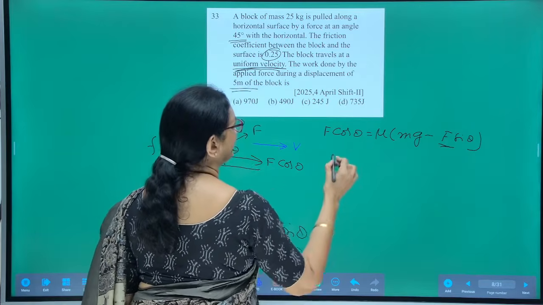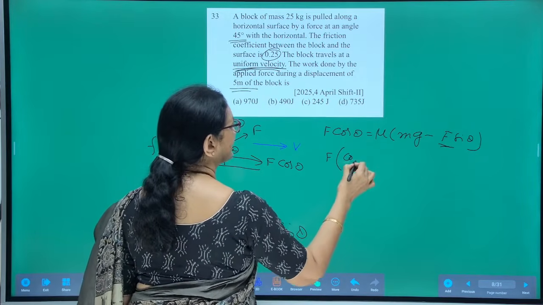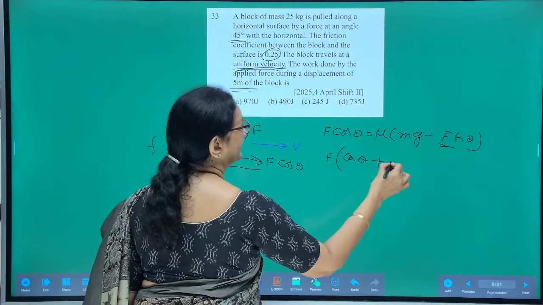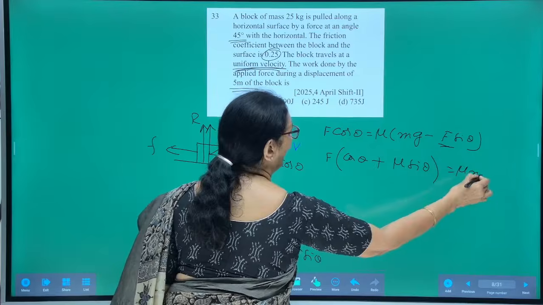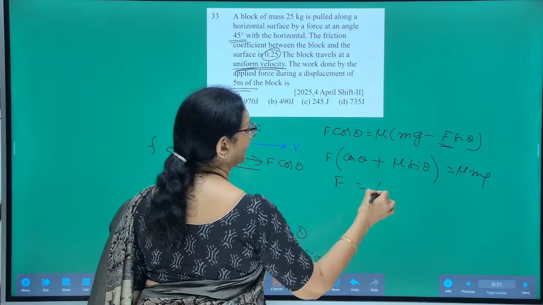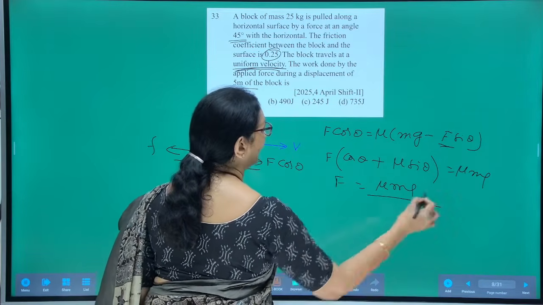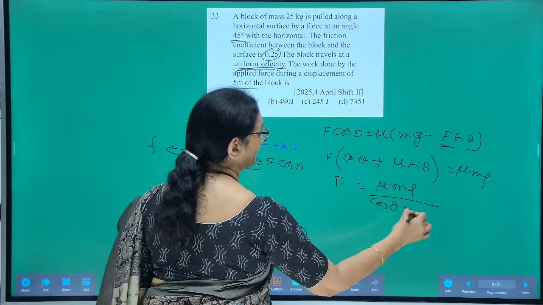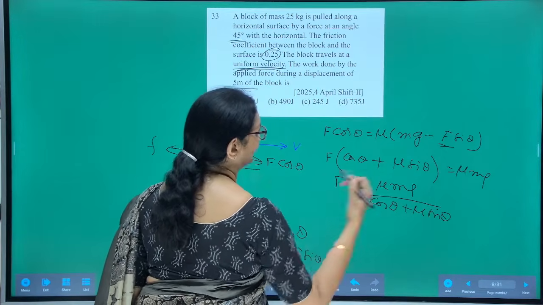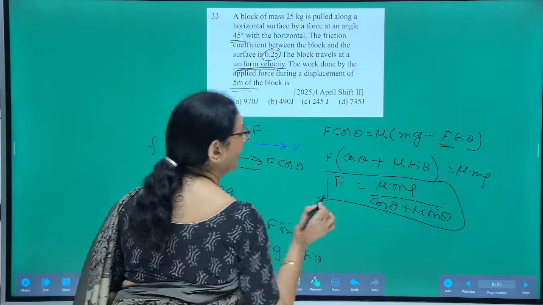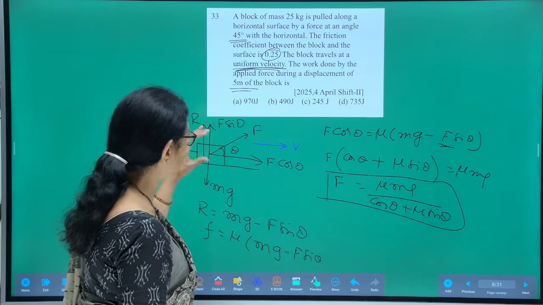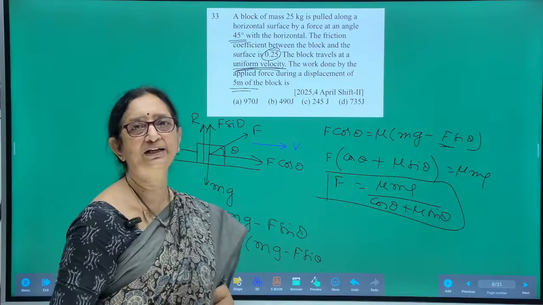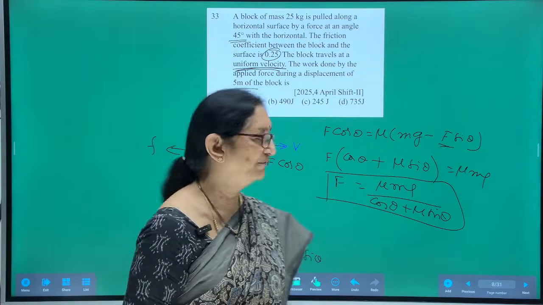If you take this to the other side, F of cos theta plus mu sin theta is equal to mu mg, or F is equal to mu mg by (cos theta plus mu sin theta). That is the minimum horizontal force, the minimum pulling force required to set the block into motion with uniform velocity.